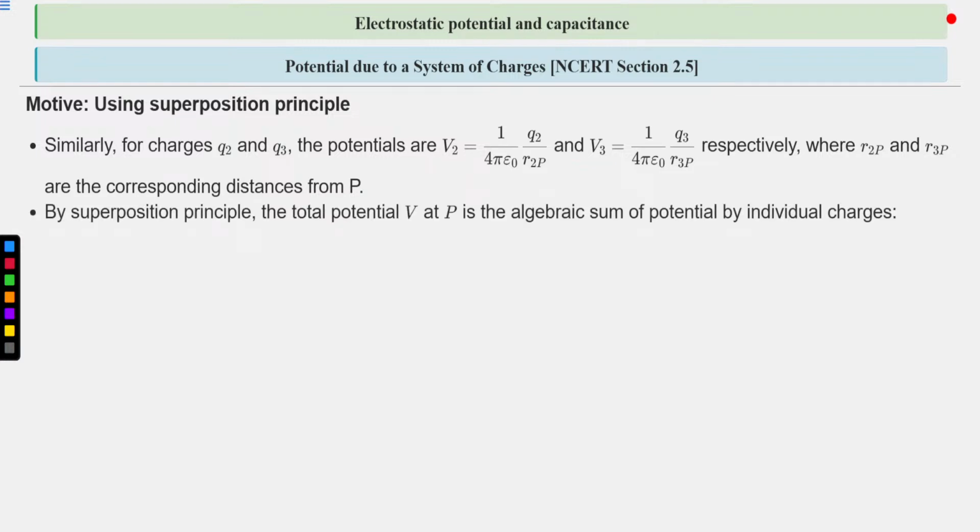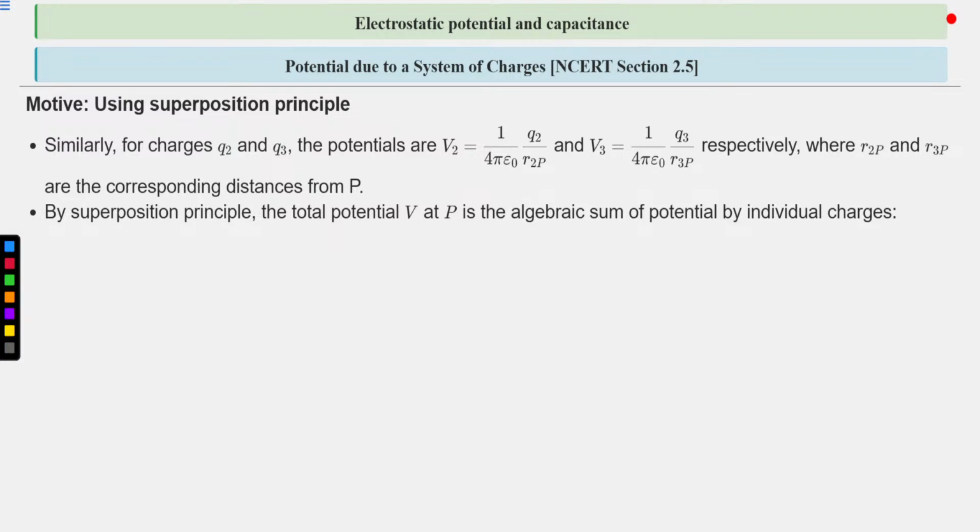By the superposition principle, the total potential V at P is the algebraic sum, not the vector sum, because potential is a scalar quantity. Electric field and force were vector quantities. In the superposition principle of electric field and force, we used vector sum because those were vector quantities.